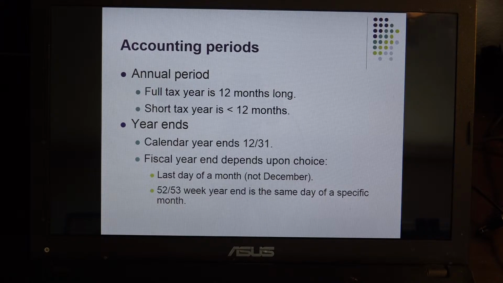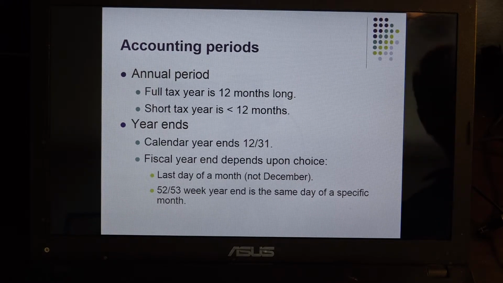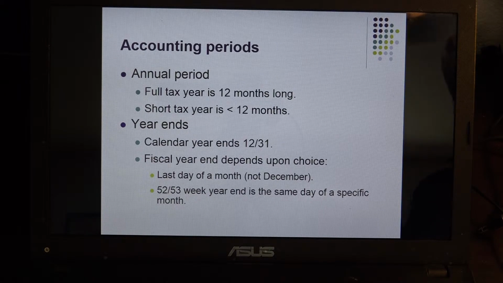Now note, all of those year ends, whether it's calendar or some other fiscal year, are all at the end of the month. You can't have a fiscal year that ends on March 15th or something like that. It's always got to be at the end of some month.